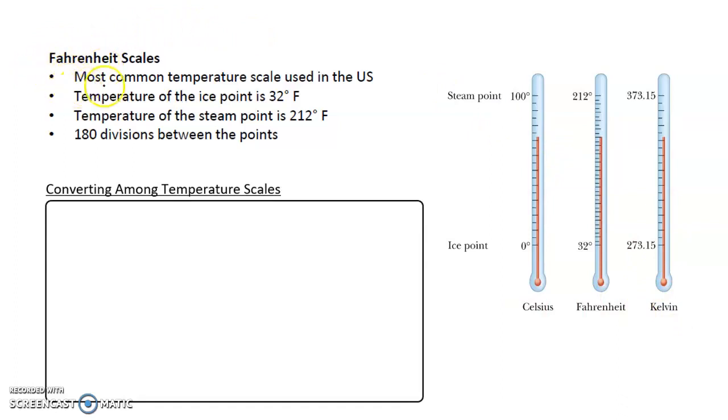It is the most common temperature scale used in the United States. The temperature of the ice point is 32 degrees Fahrenheit, and the temperature of the steam point is 212 degrees Fahrenheit. There are 180 divisions between the ice point and the steam point for the Fahrenheit scale. The Celsius and the Kelvin scales have a total of 100 divisions between these 2 points.